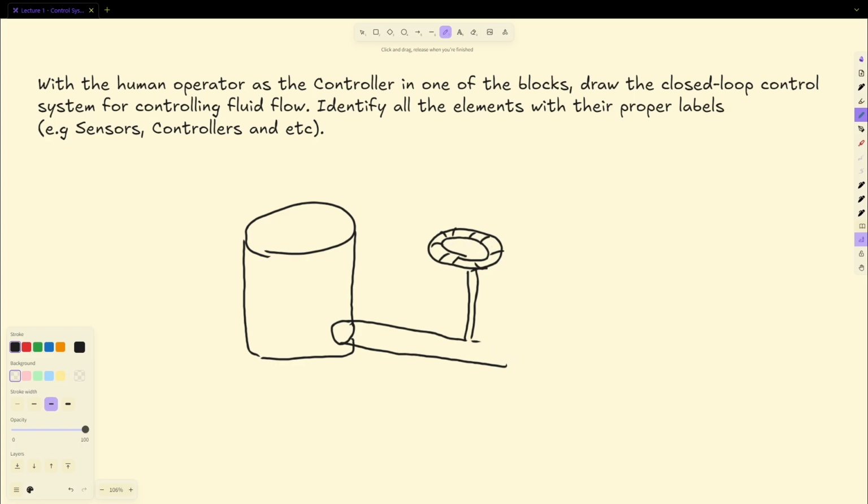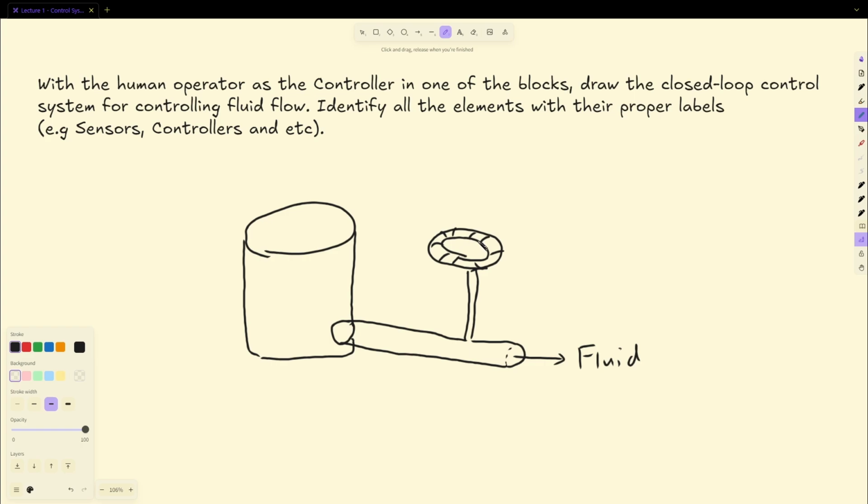Now this is the valve, obviously. So we have an output of the fluid. So the fluid is coming outwards.